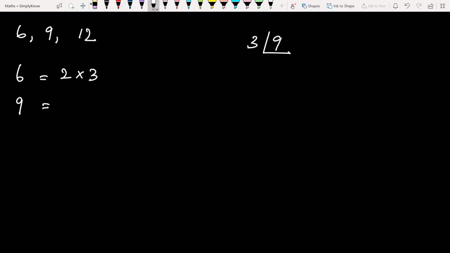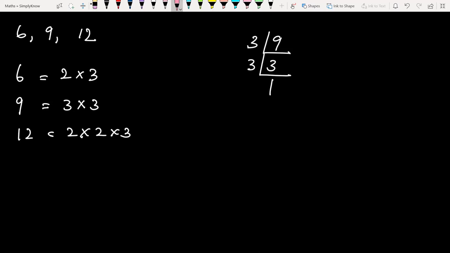Of course, 9 is divisible by 3. So 3 times 3 is 9. Then again we can divide 3 by 3, so we get 1. Therefore, 9 as a product of its prime factors is 3 times 3. 12 is 2 times 2 times 3.